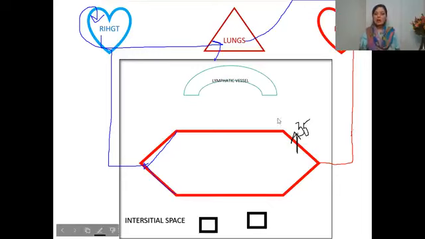And the hydrostatic pressure over the venular end is 18 millimeters of mercury.